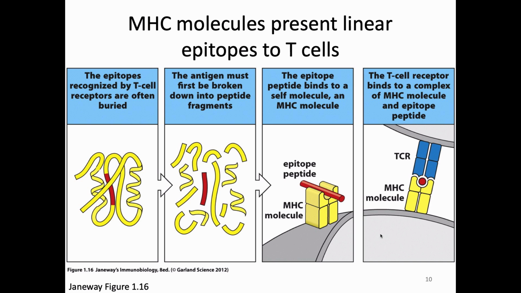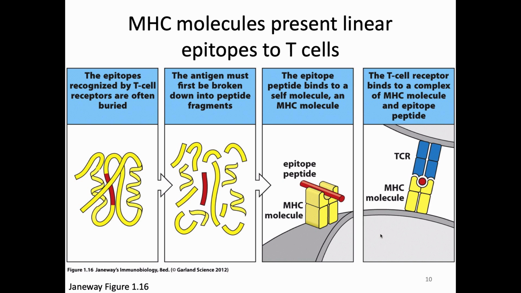One of the big things you need to remember about the MHC molecule is that it presents linear epitopes to T cells. These are strings of amino acids that are next to each other in the primary structure of the antigen.